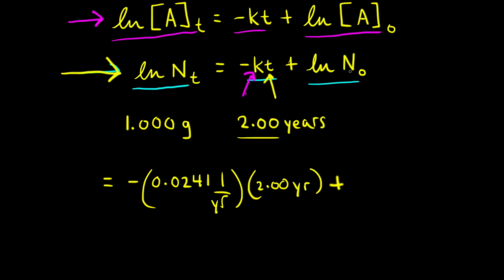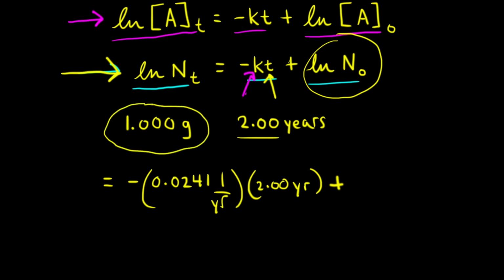Next, we're going to add the natural log of the initial number of radioactive nuclei in our sample. While we don't have the initial number, we do have the mass, and since the mass is proportional to the number of radioactive nuclei, it's okay to plug that into our equation. So we're going to plug in the natural log of 1.